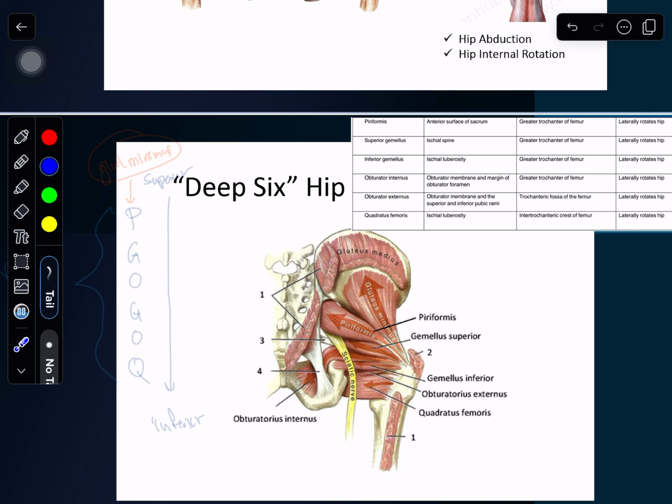So from superior to inferior, P, go, Q. And this is working our way from superior down to inferior, right? And then somewhere up here we would have the gluteus minimus, right? And that's going to be directly associated with these deep six muscles.